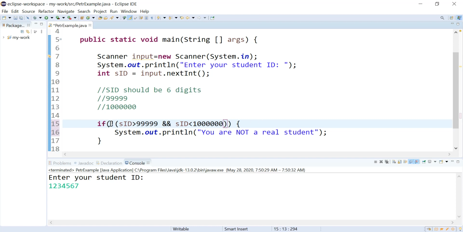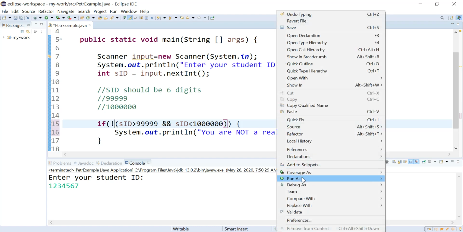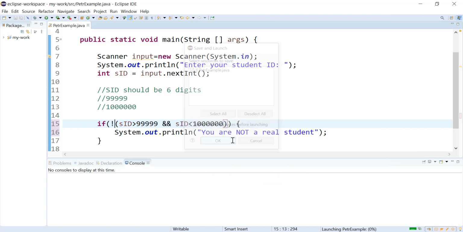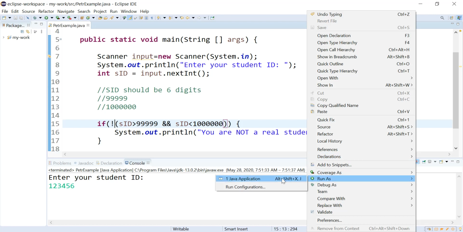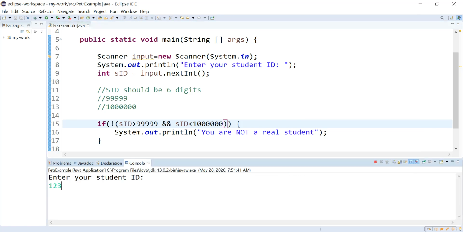If it's true, this will flip it to false. If it's false, this will flip it to true. So let's try this and verify. Okay. 1, 2, 3, 4, 5, 6. I don't get output because that would be possibly a real ID number. Let's try it with 5. You are not a real student, okay? So I can not this whole thing, or I can check the opposite of it. And so here's what that would look like.